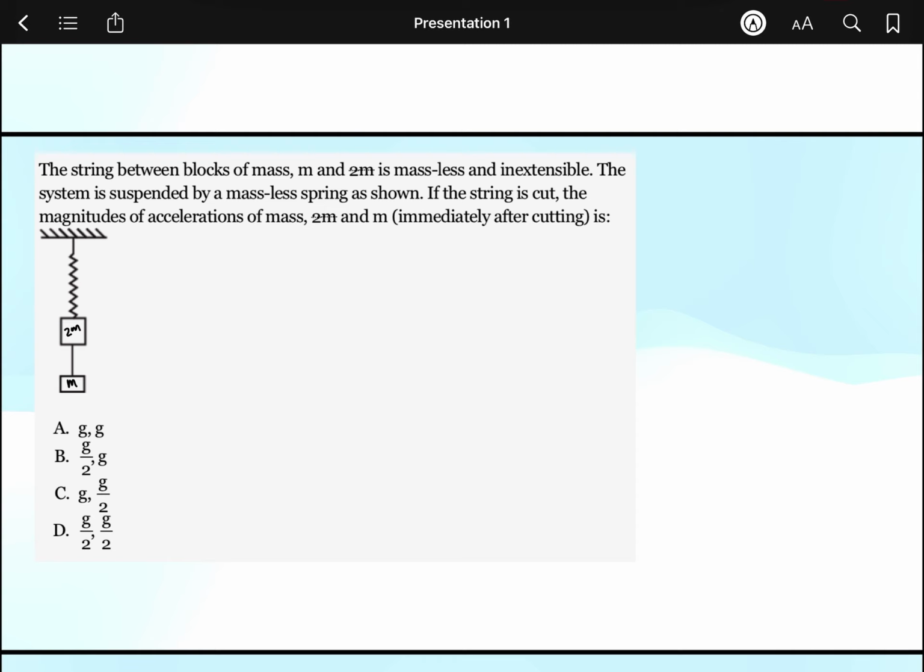So here we will be using the concept of cutting of the spring and this string. So what is the governing concept actually? When we cut the string, the tension in the string becomes immediately zero.